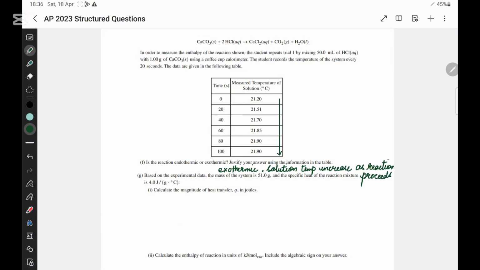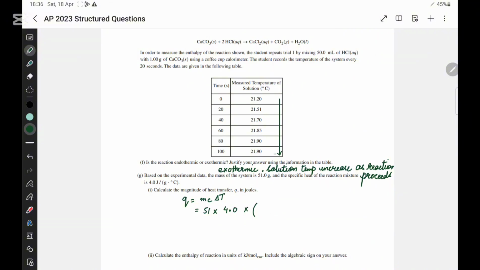Calculate the magnitude of heat transfer Q. So you have to find out the Q, which has the formula mc delta T. Mass is going to be 51 gram times the specific heat capacity, which is 4.0, and delta T is the temperature change.